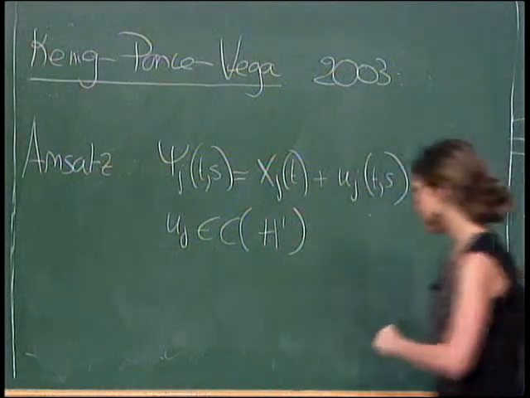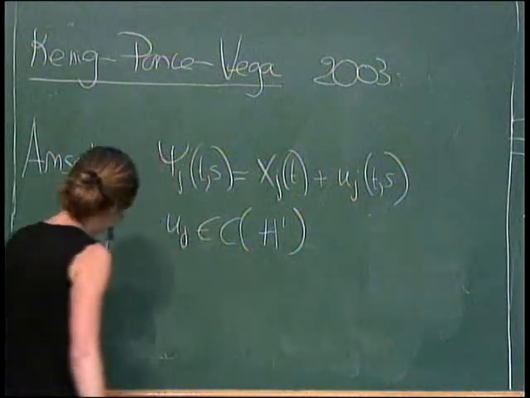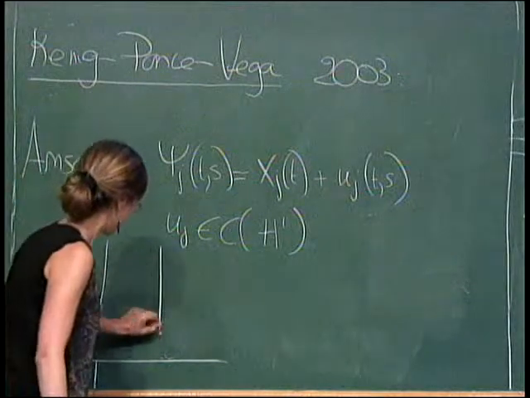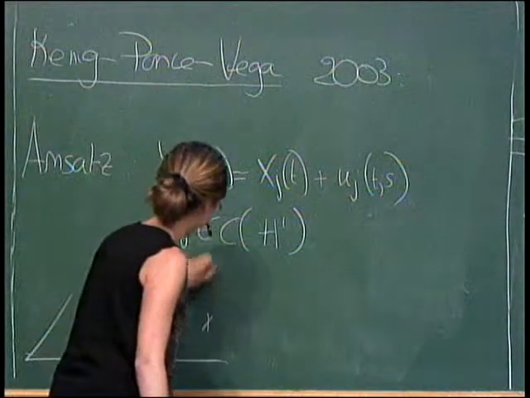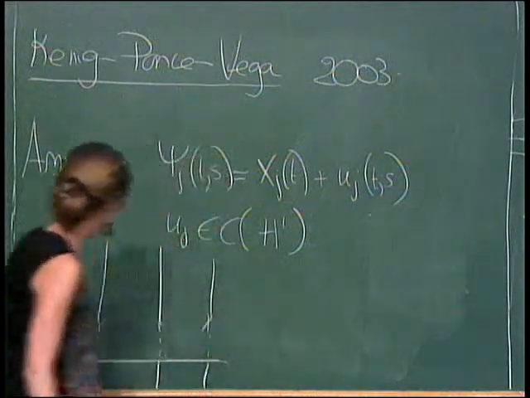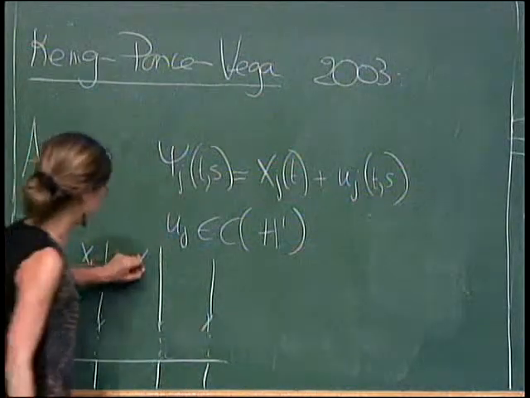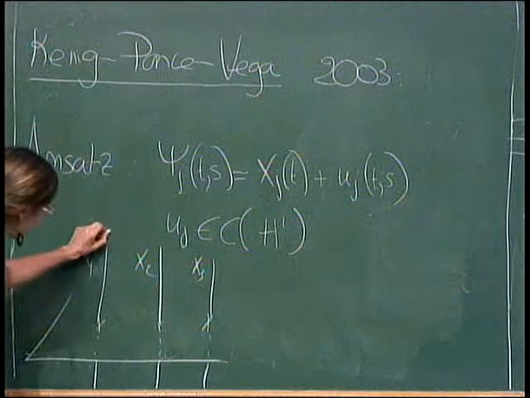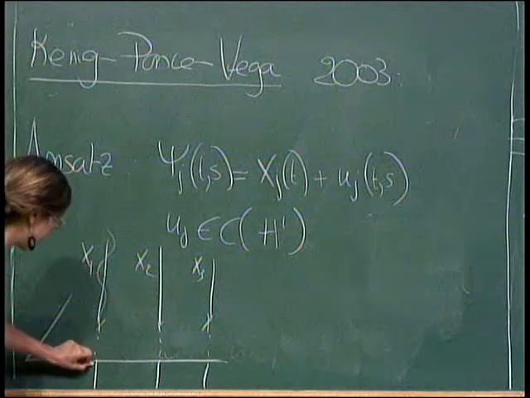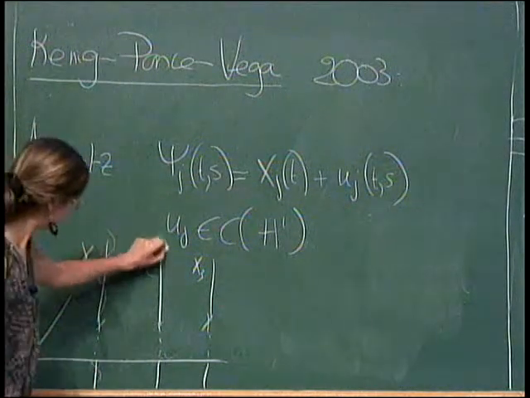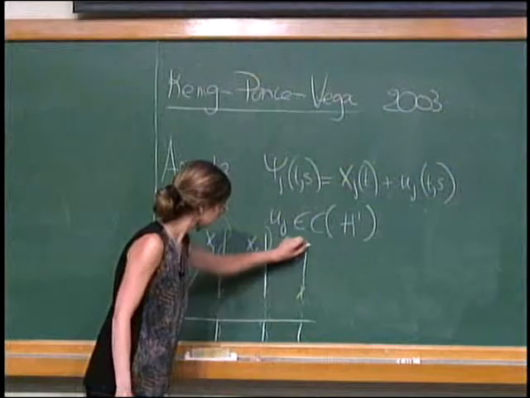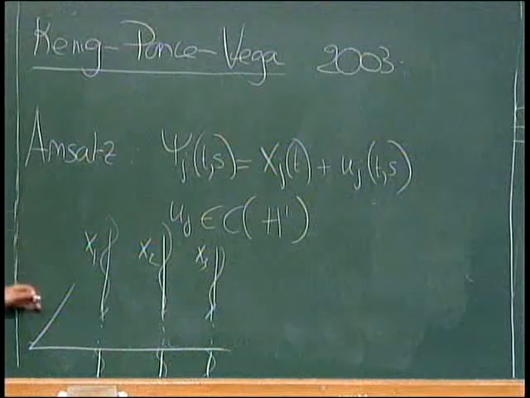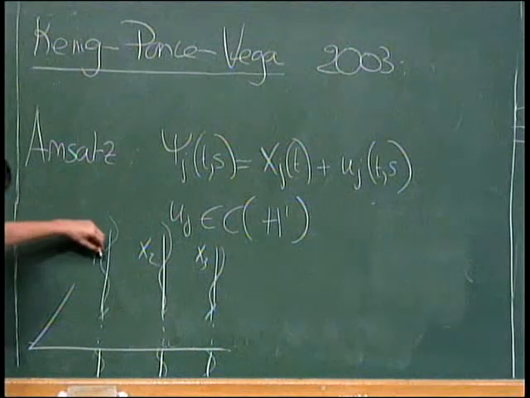Okay, so we have straight filaments, X1, X2, X3, for example, we take 3, and we consider small perturbations around these lines, that are given at each height s by uj.